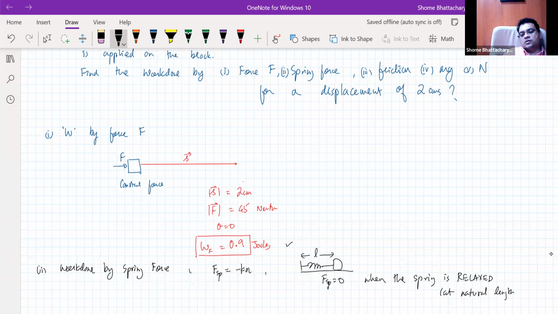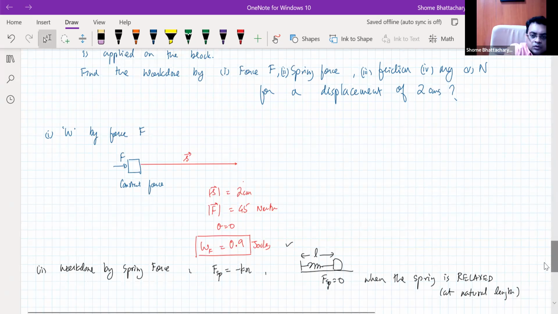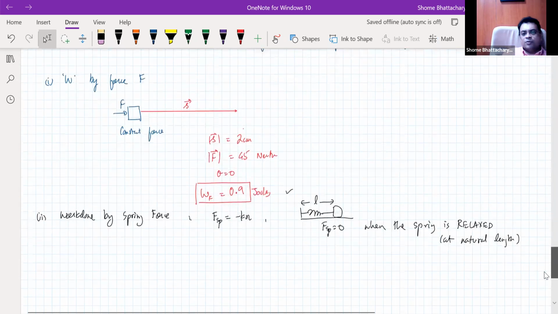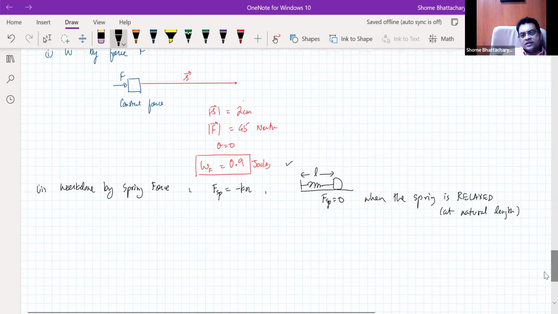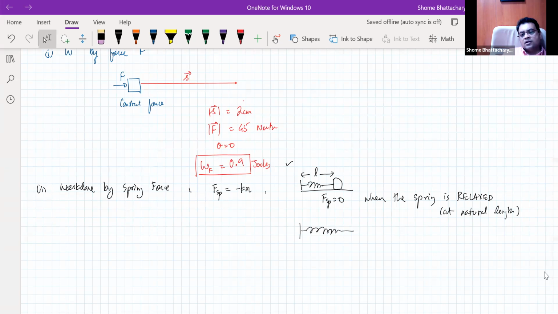But suppose we take the block from that situation to a displacement of positive x such that the spring is getting stretched. Then it applies a force of minus kx, minus showing that the direction is along the negative x-axis.